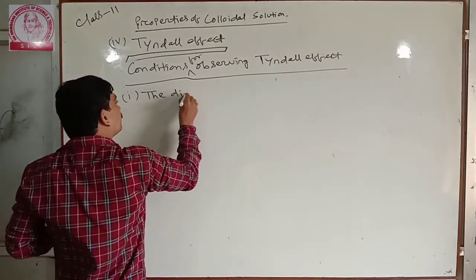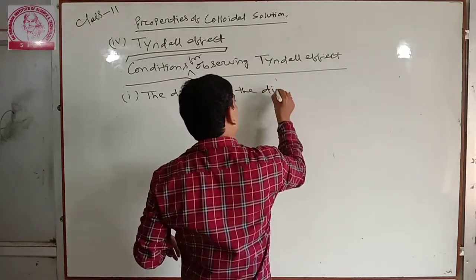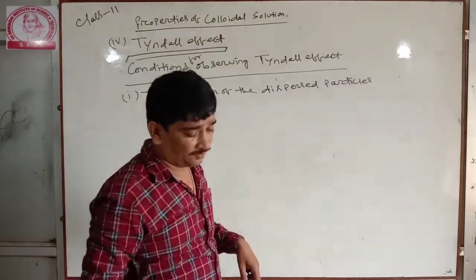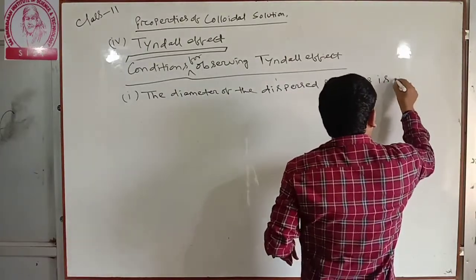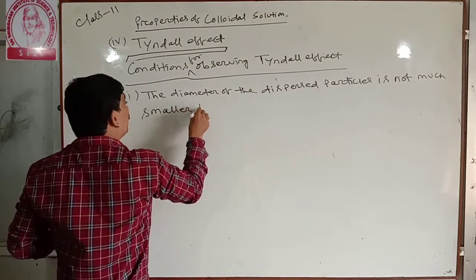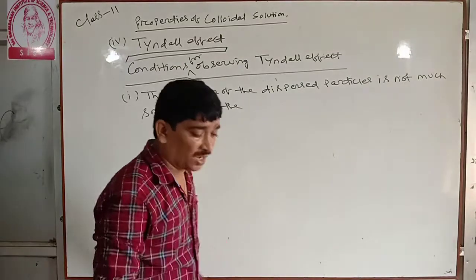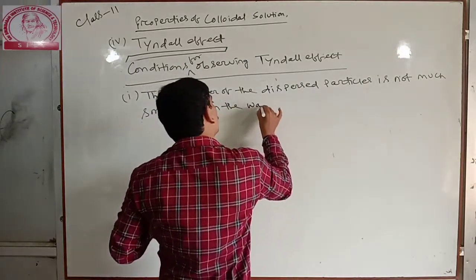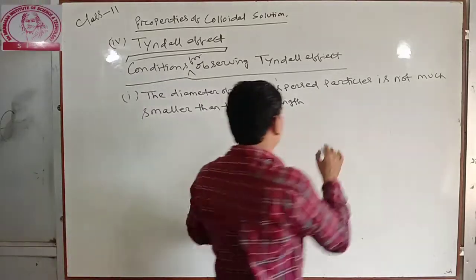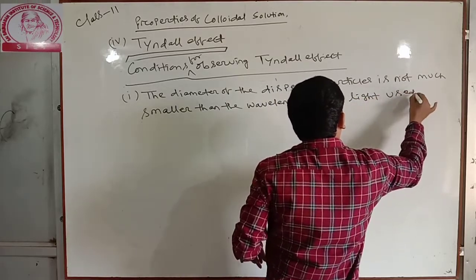The diameter of the dispersed particle is not much smaller than the wavelength of the light used.